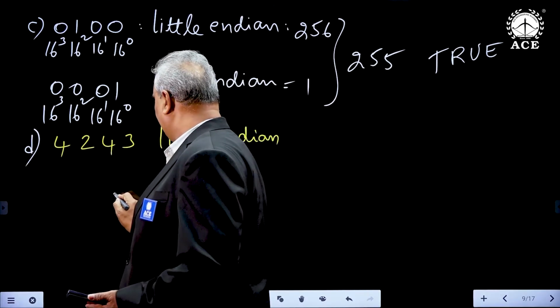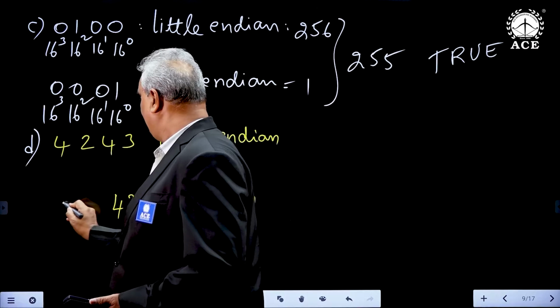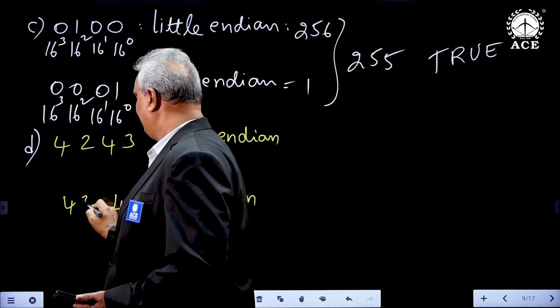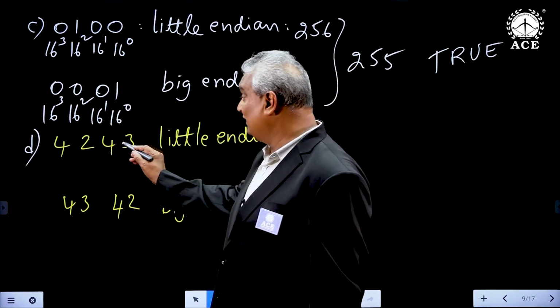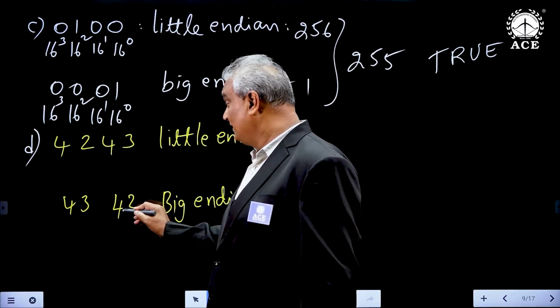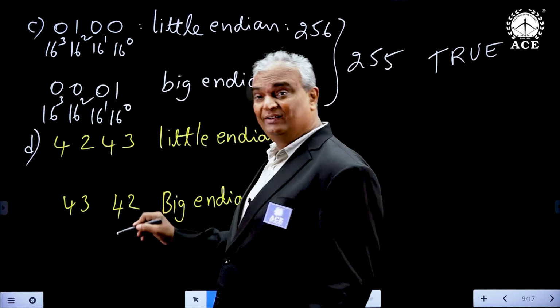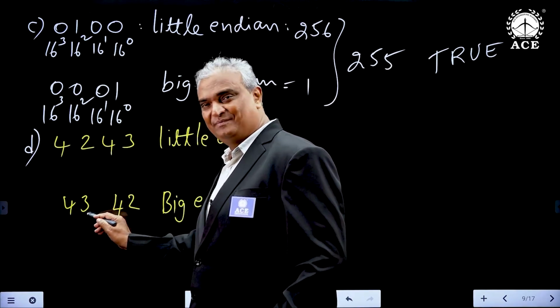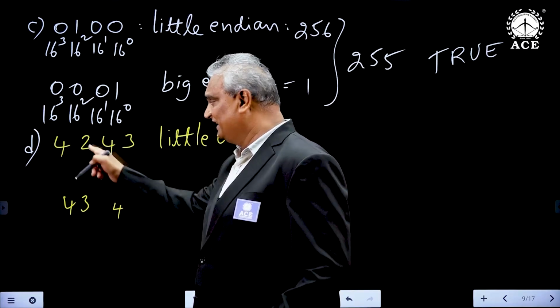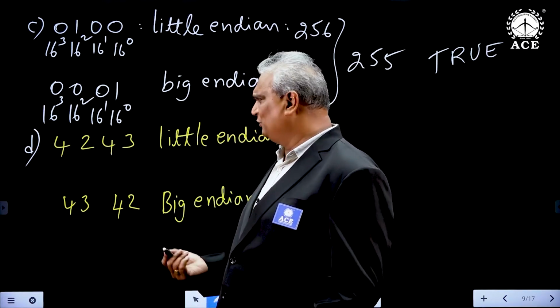In big endian, you write 4, 2 here, 4, 3 here. After watching this, we can easily tell the little endian value is less than the big endian. Why? Here in the second position it is 2, but it is 3. That's why this value is more than this one. But find the numerical value, no problem.